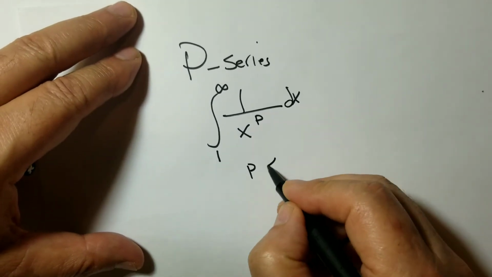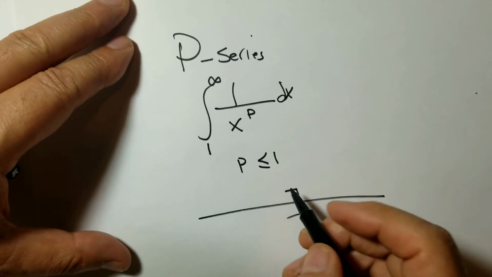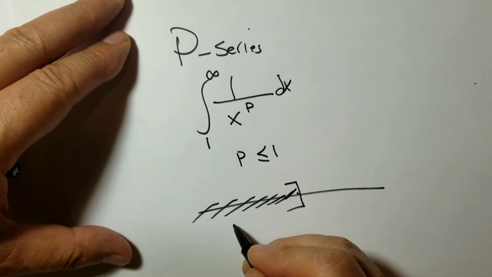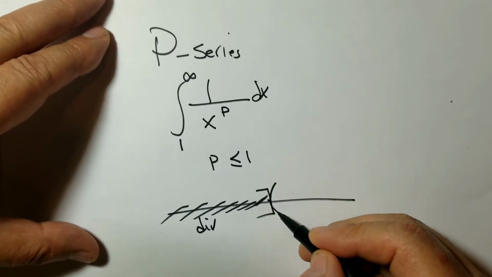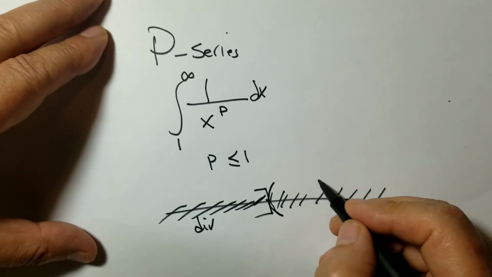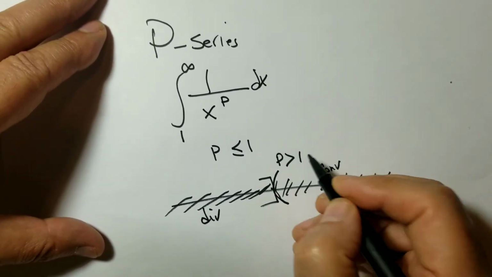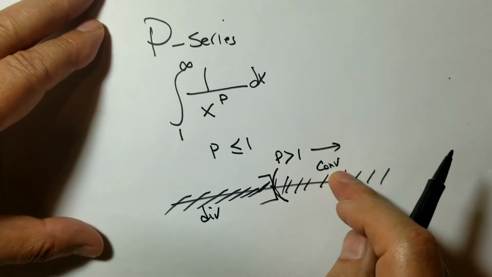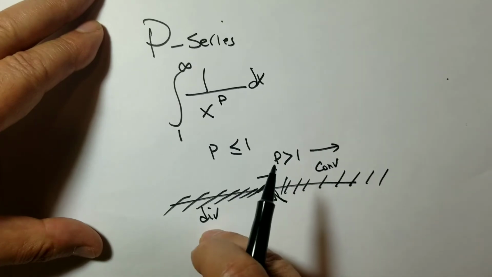Therefore, if p is less than or equal to 1, remember 1 is your border, all these numbers make it diverge. But if not, all these numbers converge. Therefore, p greater than 1 converges, p less than or equal to 1 diverges.